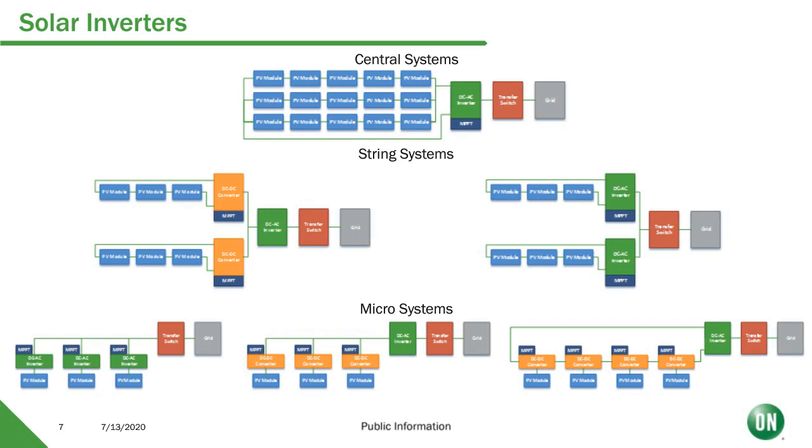So we see a trend to move more to string inverter systems that increase the reliability of the system and also can provide some increase in efficiency as there's less losses in some of these string inverters. And this is where we'll focus a lot of our conversation, in the string inverter systems today. Lastly, you do have microsystems.